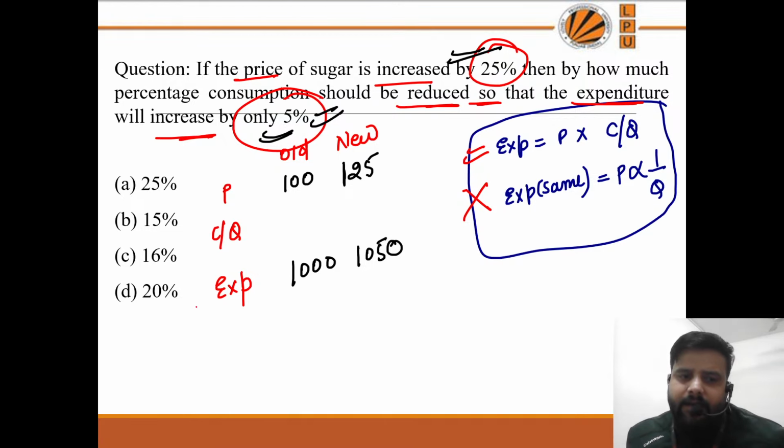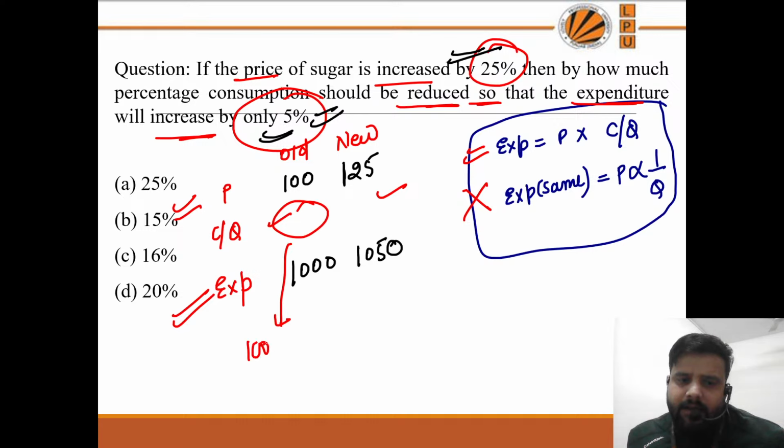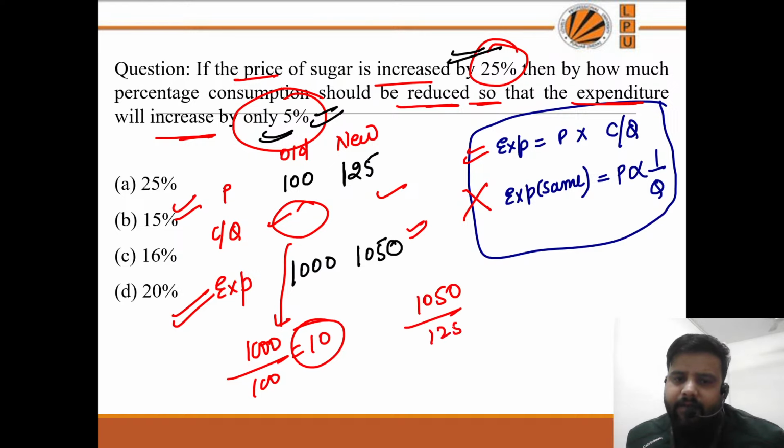Quantity, how can we get it? By dividing expenditure by price, we can get the old quantity as well as the new quantity. So your old quantity will be how much? 1000 divided by 100, which is 10. And the new quantity will be 1050 divided by 125.